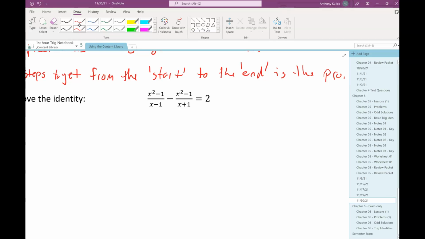Factor. Yeah, we have to have these in factored form in order to reduce them. So x squared minus 1, hopefully you recognize that as a difference of two squares. So that's going to factor to just x minus 1 times x plus 1.